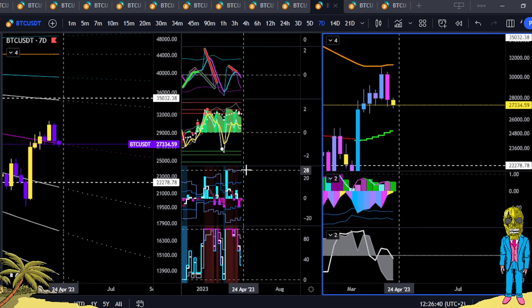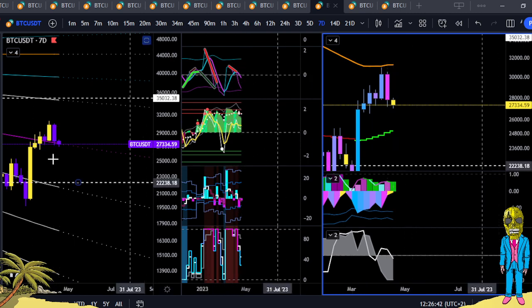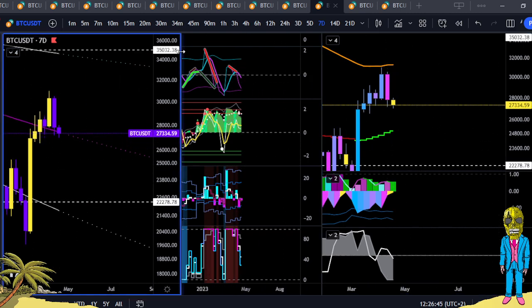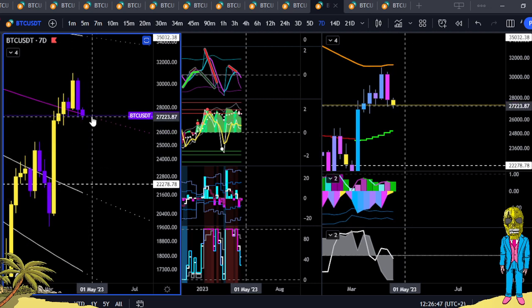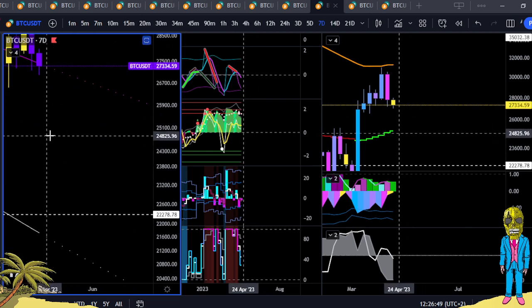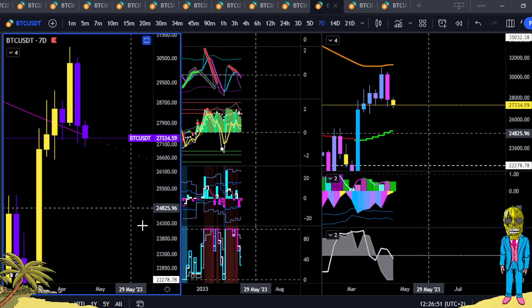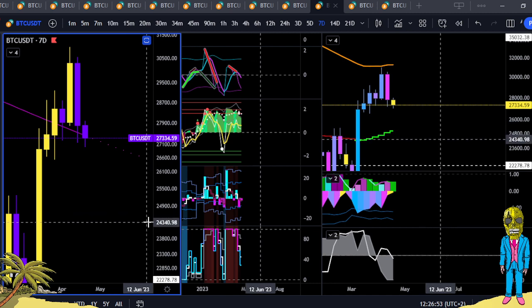Anyway, so now that we are starting to mean revert to the downside, what do we need to look for at least in the next 7 days? You'll be looking for any closes below, I'm going to say for the next print, pretty much where we are today right now. So we'll go $27,333.33.